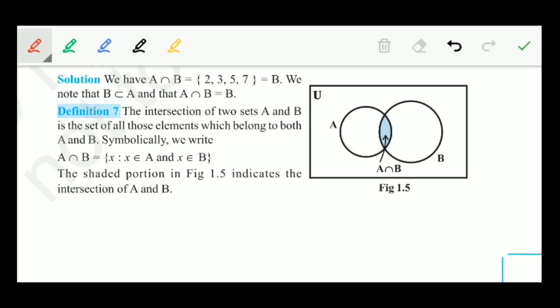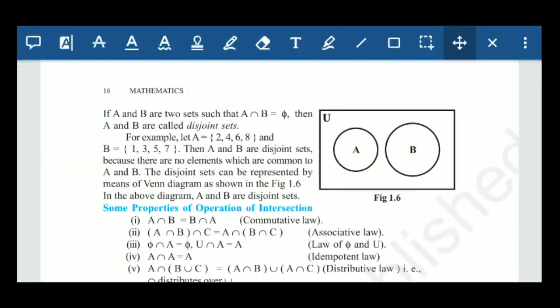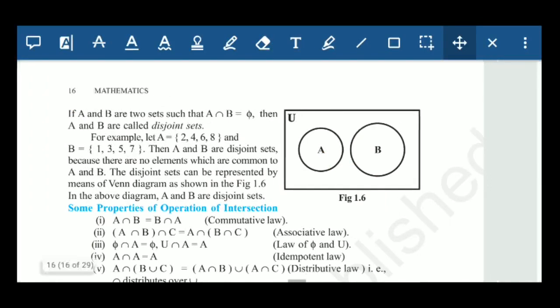See the Venn diagram for intersection of sets A and B. This common portion, you can see, is known as A intersection B. And read this definition: the intersection of sets A and B is the set of all the elements which belong to both A and B. You can see when there is nothing common between A and B, this type of sets are known as disjoint sets.